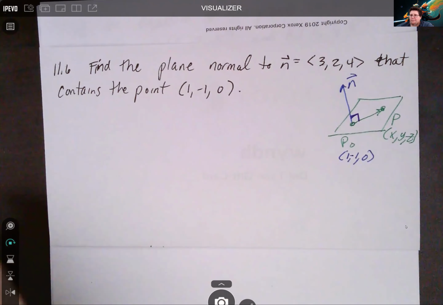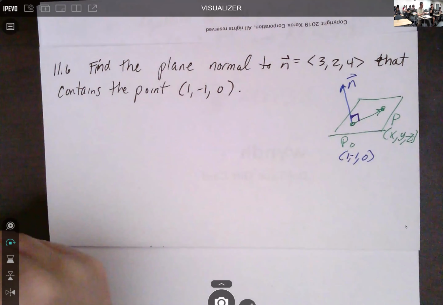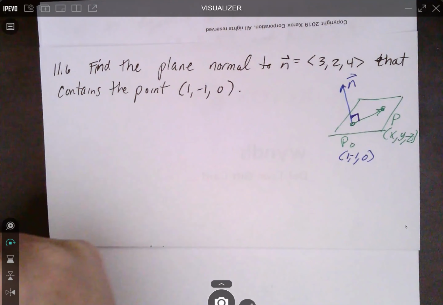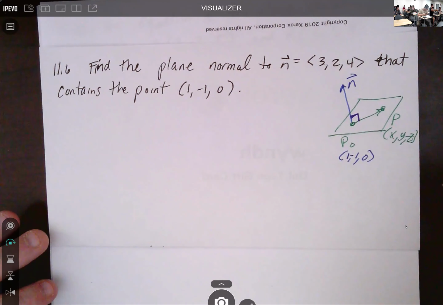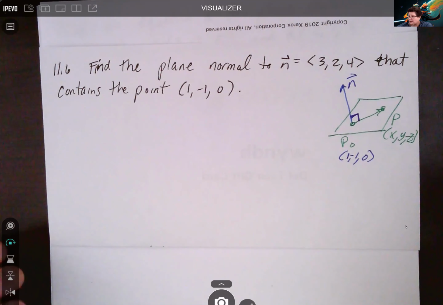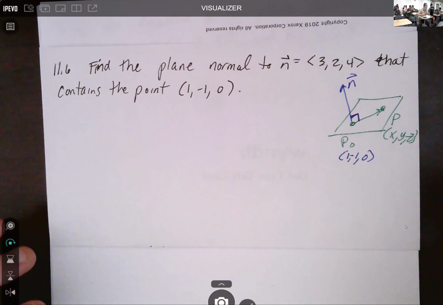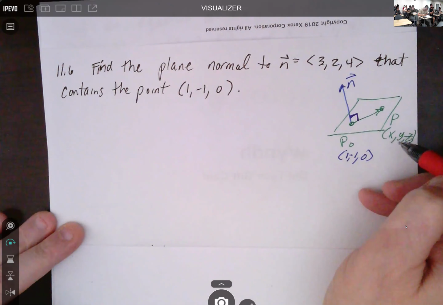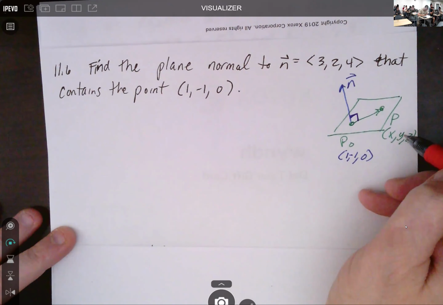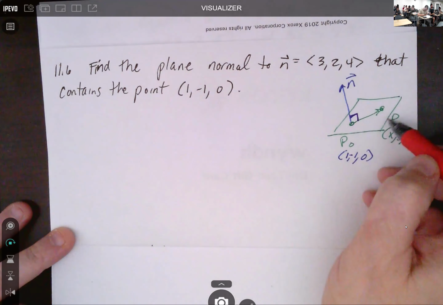What can we use from that picture to come up with it? Maybe some trig. I mean, you could use some trick, but what else is there to do? What trig can you use? You could create that triangle and find the length of P naught to P. But you don't really have the height of that.